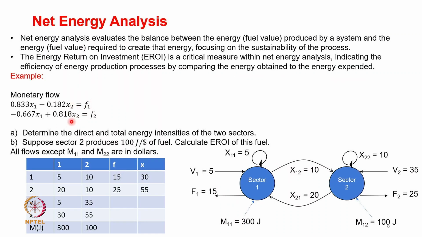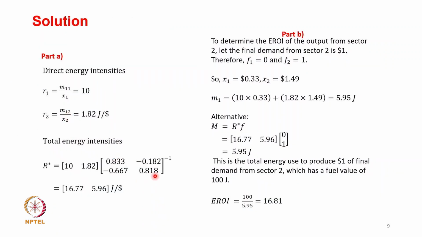The right side is not x, so this is like (I minus A) itself, right? So you have to compute the inverse of this particular term. This is the equation in matrix form, and we compute the inverse of that, and eventually you will get this number. So this is of course R star.